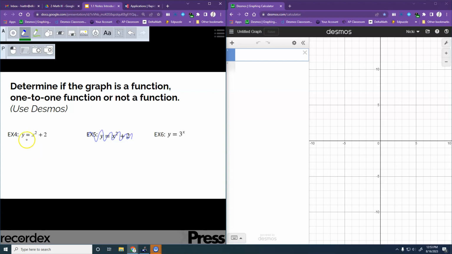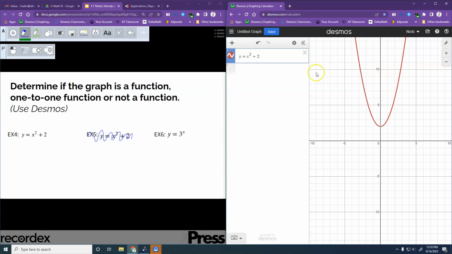So if you get one that is an equation like this, we're just going to type it into Desmos, which I'm going to do for you here. We have y equals x squared plus 2. Let me practice some names. Over there in the corner, I can't remember, what is your name? David.